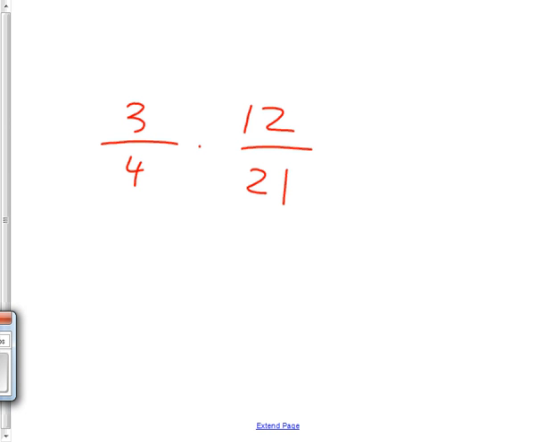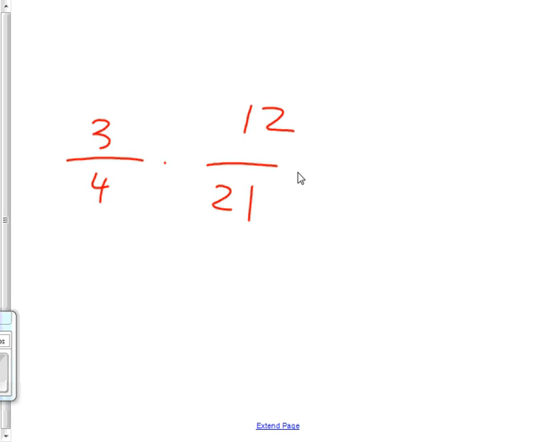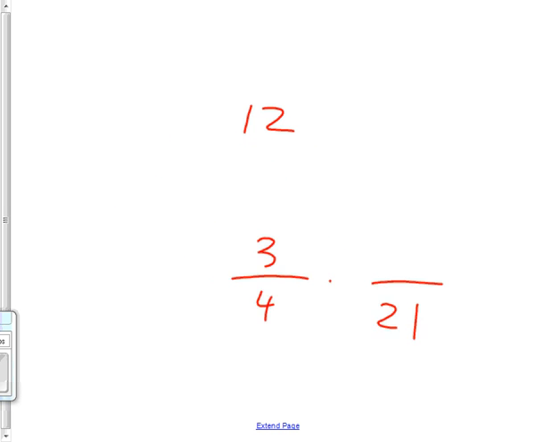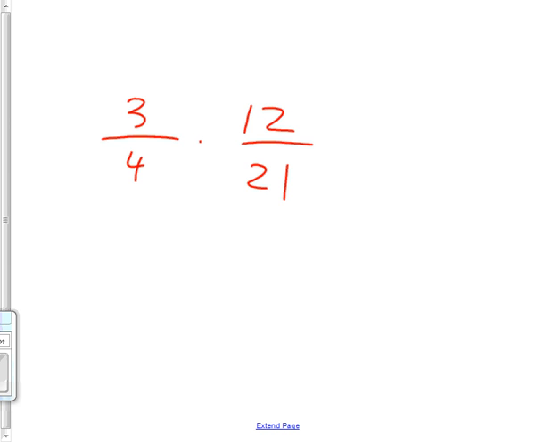So if I'm going to get this thing simplified, I am going to say, all right, that 21 could be written as, whoa, that was weird. I moved everything by accident. Okay, let's try again. That 21 could be changed into what? 7 times what? 3, and then the 3's can cancel.